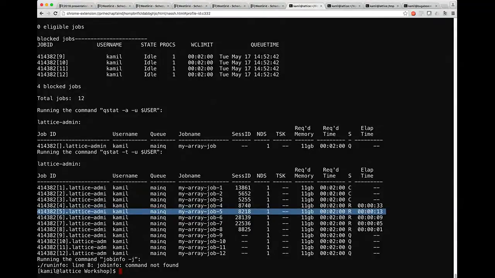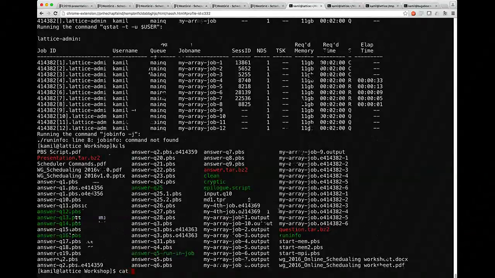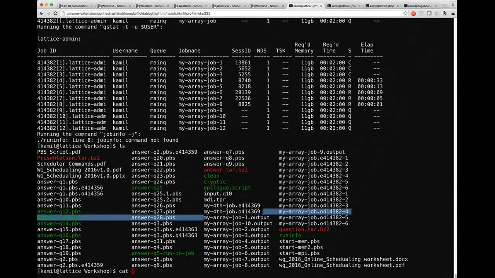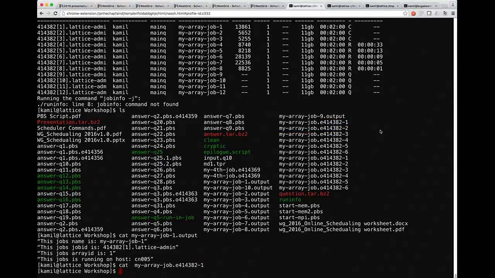So in here, we're running 12 separate jobs. Also, in these examples, we're getting a lot more output, because each of these has both output and error files.